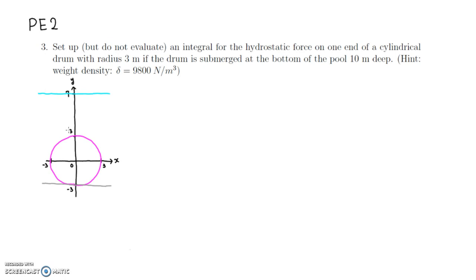Let's try to find the pressure at level, say, yi star. So I'm going to put the level here and call it yi star. At this level, I'm going to call the pressure Pi.